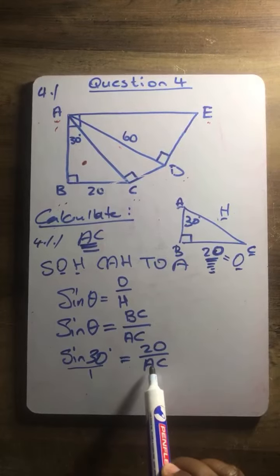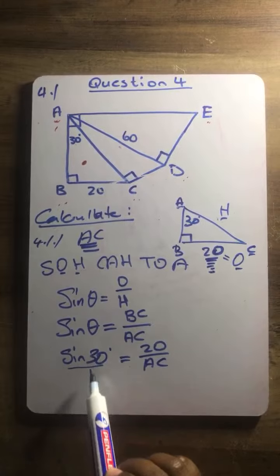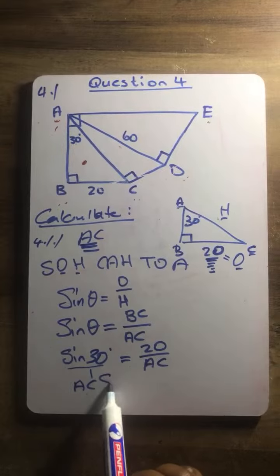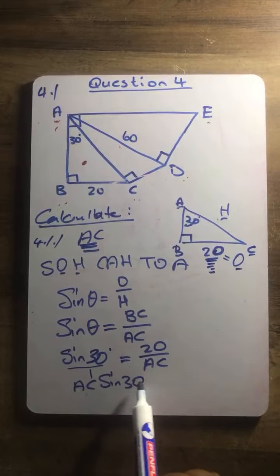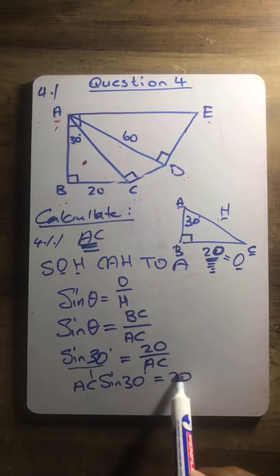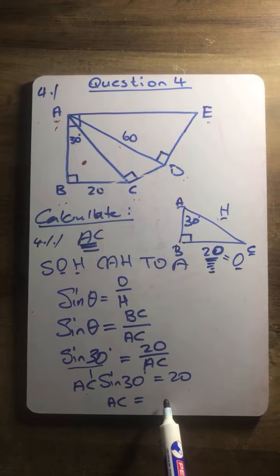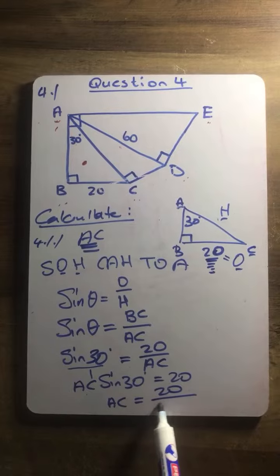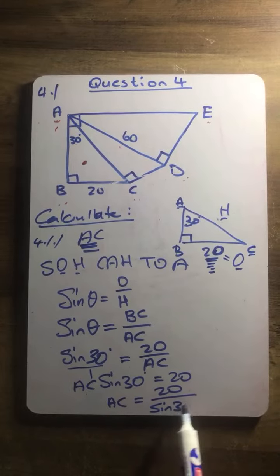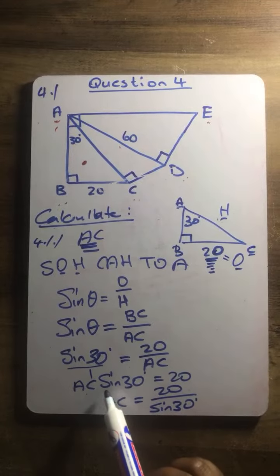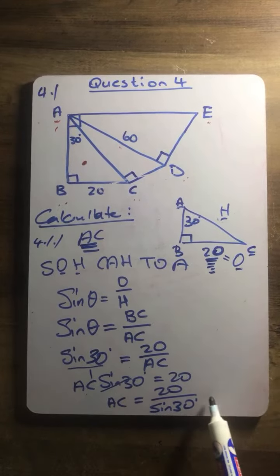So if you cross multiply, that times that, that times that. That means AC times sine of 30 degrees equals 20. Then your AC will be equal to 20 divided by sine of 30 degrees. It's like you divide both sides by sine 30 so that one will cancel.